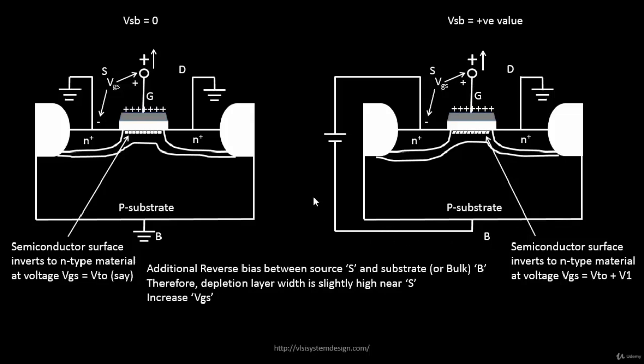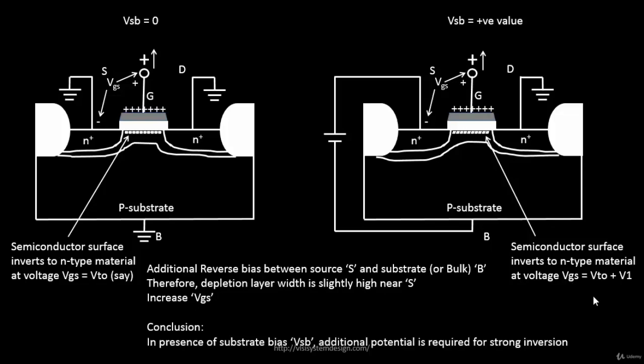Now we have two different equations to manage over here. At VGS equal to VT0, you see a surface inversion happening over here at VSB equal to 0, and at VGS equal to VT0 plus V1, there is a surface inversion happening in this case. So we have two different equations, and these are all standard. The value of VT0 is a function of the device parameters. I'll come to the equation of VT0 and the threshold voltage as well.